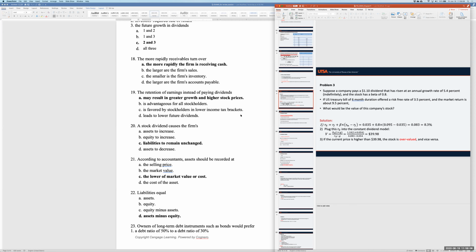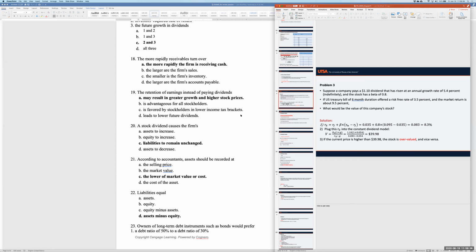So it says we have the more rapidly receivables turnover. So we have higher and higher receivables turnover, meaning we have higher sales, or we shrink the accounts receivable. So we need to find those effects. What are the causes of these effects by looking at the answers?